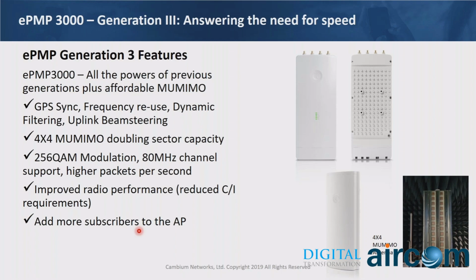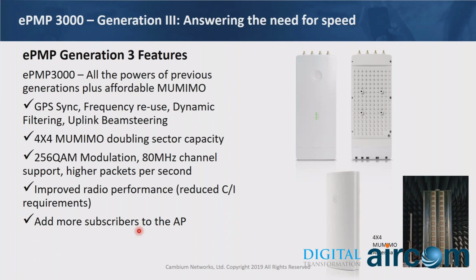With those types of bandwidth assignments, you must reuse your frequency. Without GPS synchronization, you cannot do that because there will be so much interference within your access points or sectors. And also to solve external interference, which is interference from co-located neighbors on your towers, we also have our uplink beam steering done by the device we call the smart antenna.